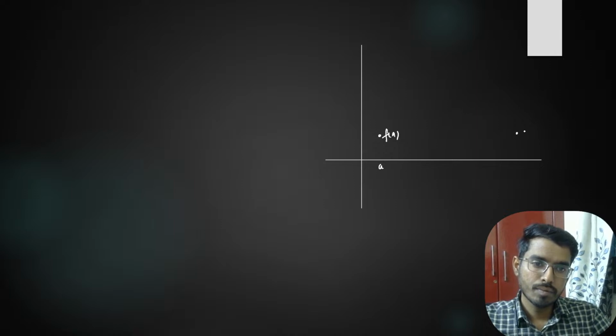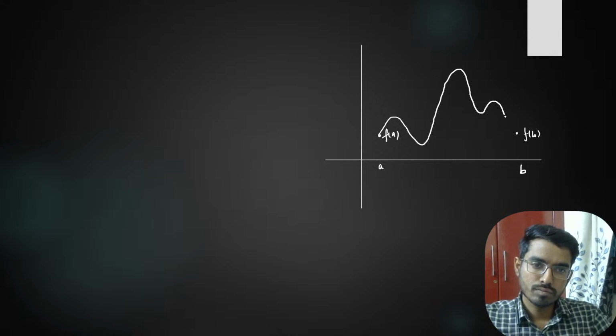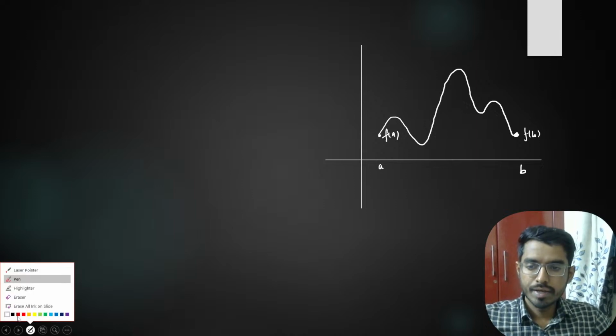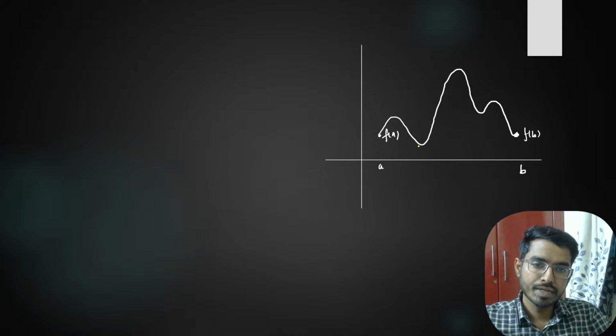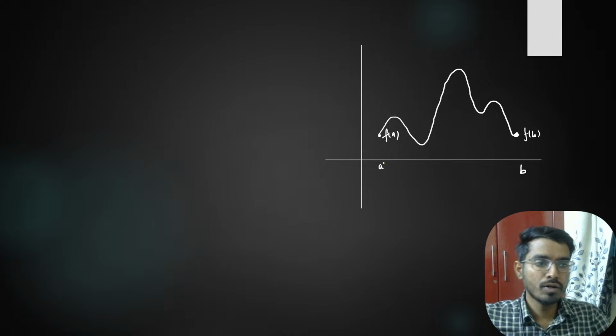Let us say this is our f of b, will be b. Let us say the graph is like this, right? You can see there are many C's here. You can see there is one C, one C, one C, one C, one C, right? 1, 2, 3, 4, 5. There are 5 C's in this graph, for which the tangent line is parallel to the x-axis, right?